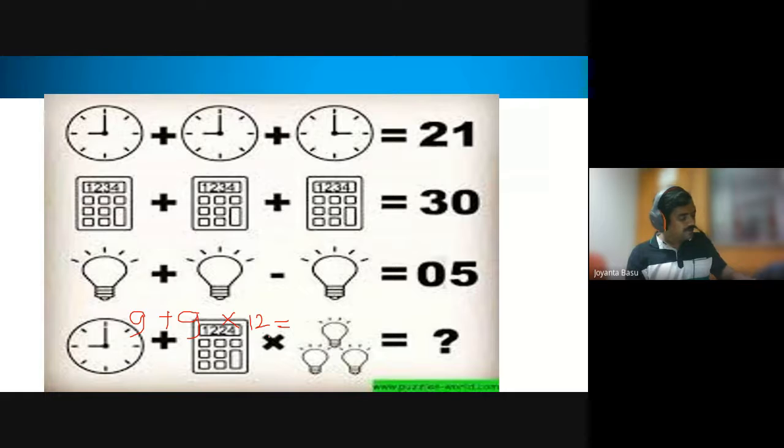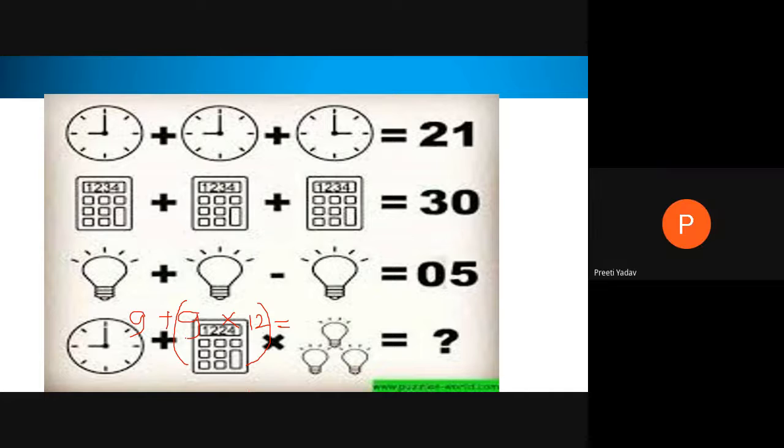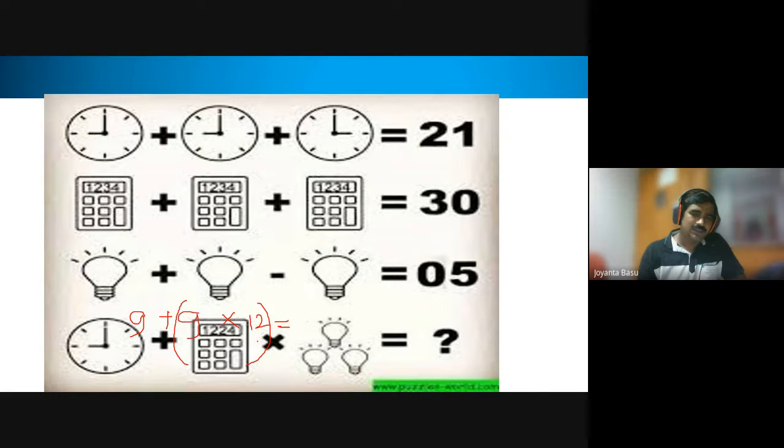But you see, if we have addition and multiplication, then we give weightage to the multiplication first. So 9 plus 9 into 12: 9 into 12 is 108. 108 plus 9 is 117.